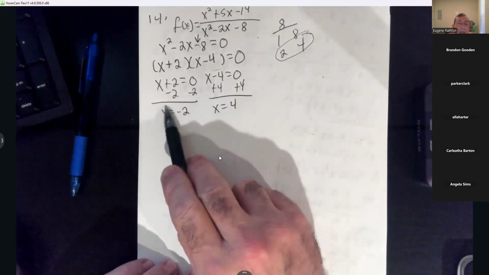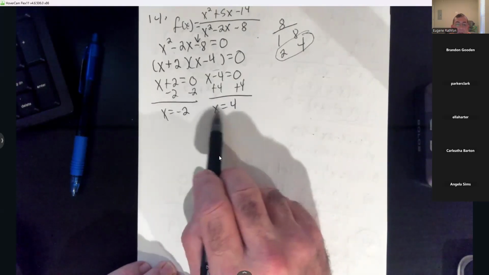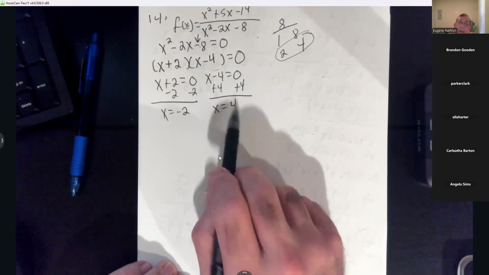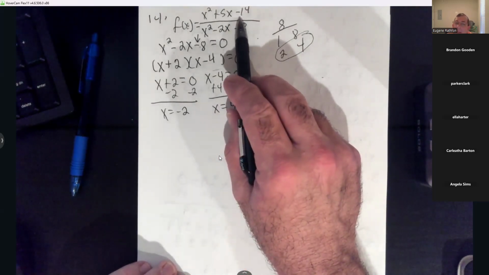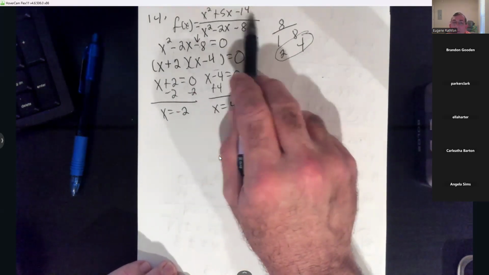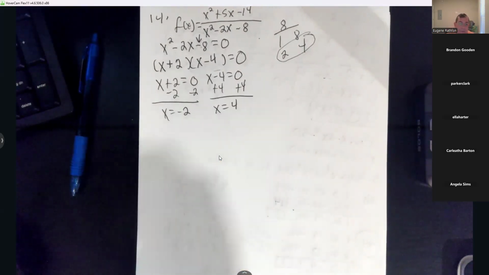So I'm going to go back to the test and I want x equals negative 2 and x equals 4. Okay? Now, you could factor the top and see if any of them canceled, but on this number 14, none of these are going to cancel on ours. So we'll just keep both of those, okay?